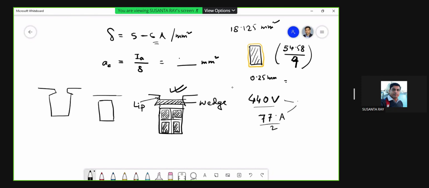So all this insulation you have to take into account. Finally, you have to calculate the width of the slot and the depth of the slot. This is called the depth of the slot, and this is called the width of the slot. So these two things you have to calculate.